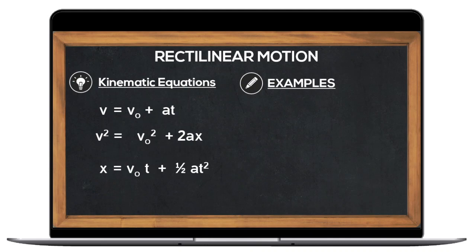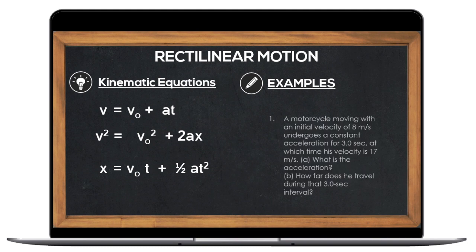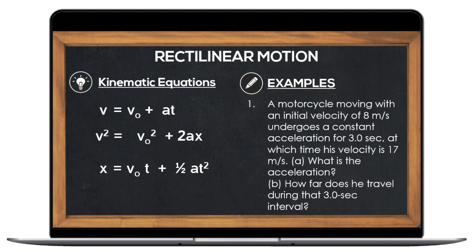So, let's apply the following formulas and principles in this set of examples. For example number 1: a motorcycle moving with an initial velocity of 8 meters per second undergoes a constant acceleration for 3 seconds, at which time his velocity is 17 meters per second.